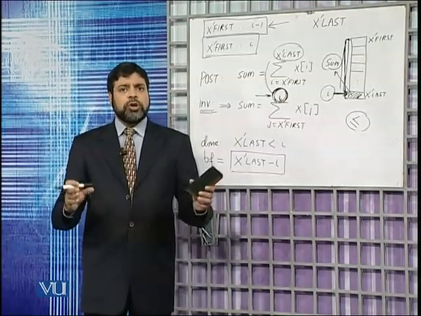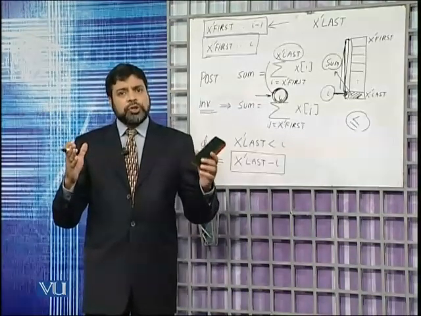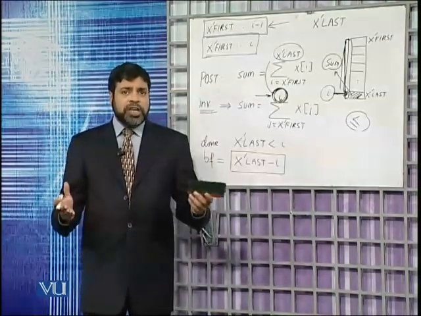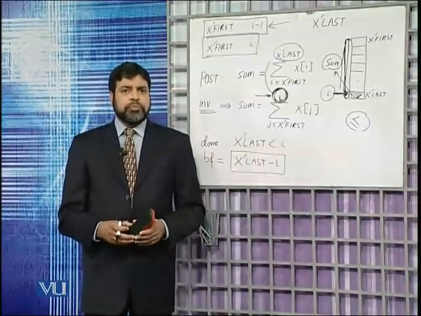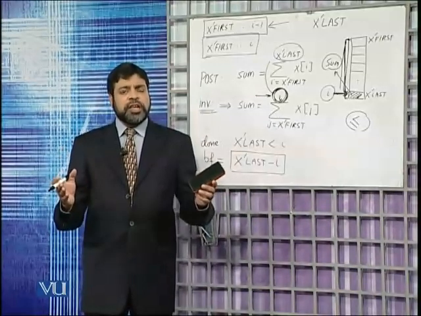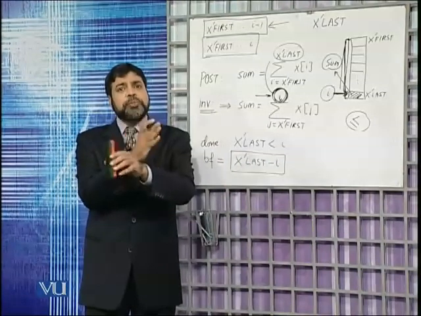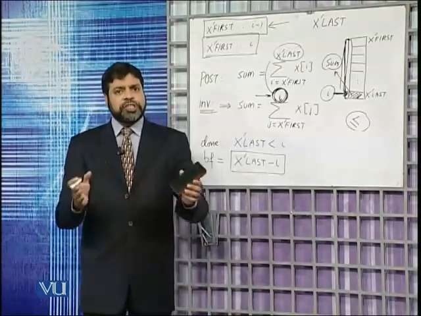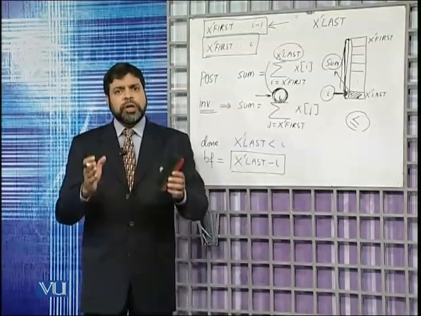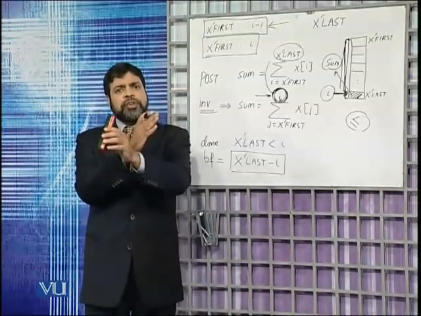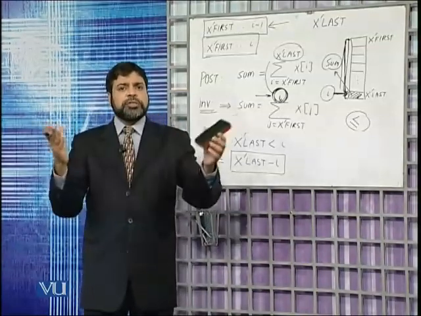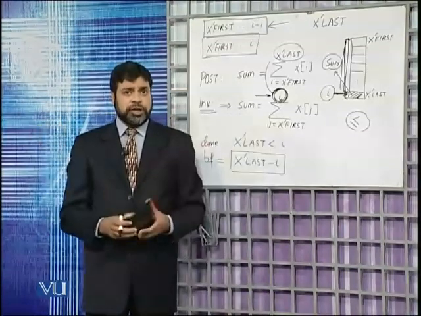That is, if the user or the client program passed an array which has nothing in it, that is, the array is kind of an empty set. The first and the last indices are overlapping. First is greater than last, that means there is nothing in this array. It is empty.